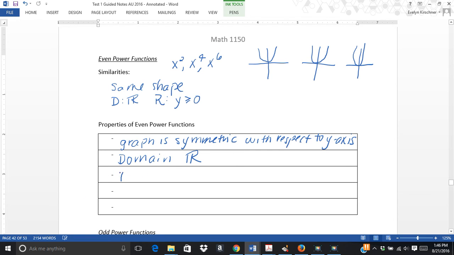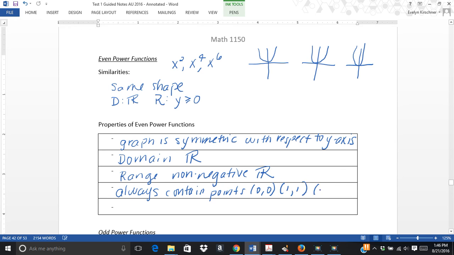The range are non-negative real numbers. They always contain the points (0, 0), (1, 1), and (-1, 1).